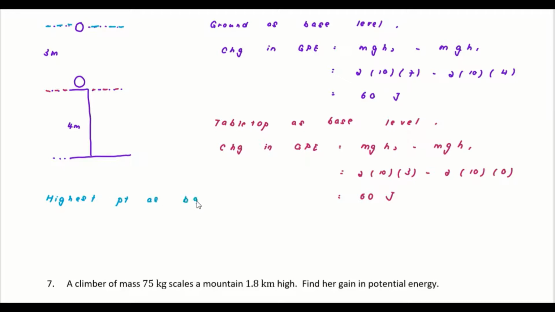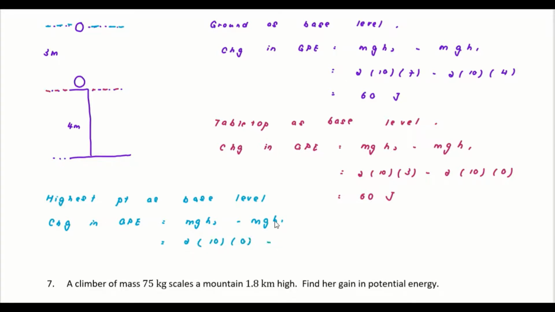What you can realize here is that we just use the same thing. The change in GPE is equal to MGH2 minus MGH1. If your base level is here, then what is the height for your final? It's going to be at your base level, right? So that's why the H2 here is 0. So 2, 10 times 0.